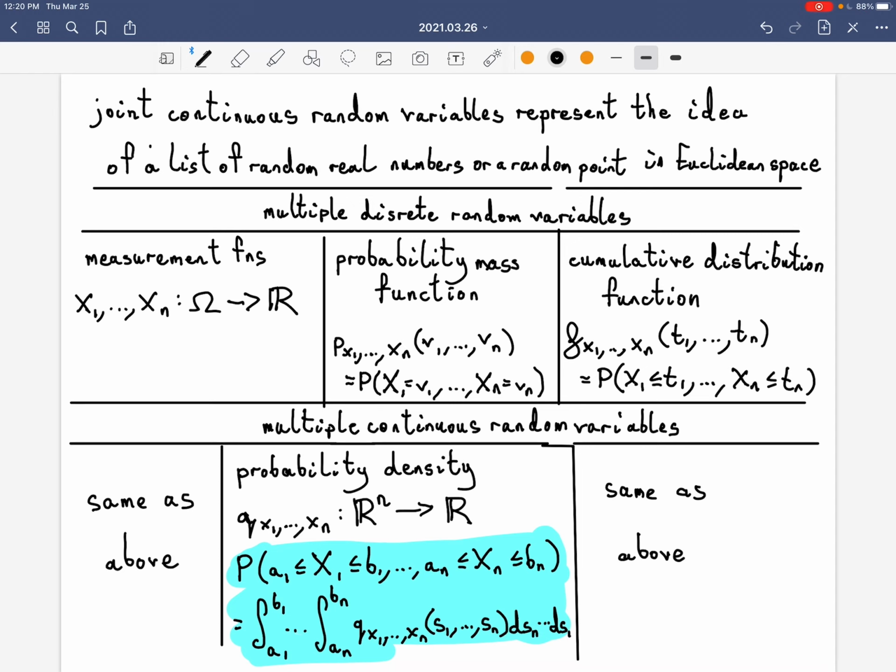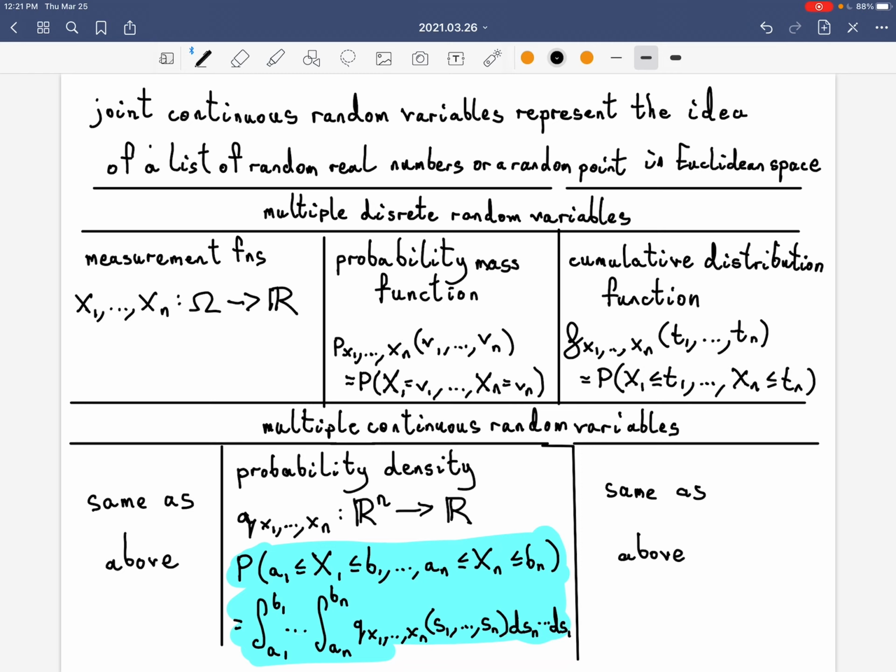So the most important way to think about multiple continuous random variables is what I have highlighted in teal.